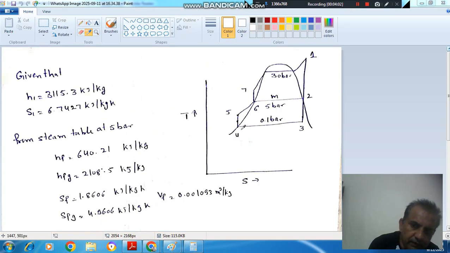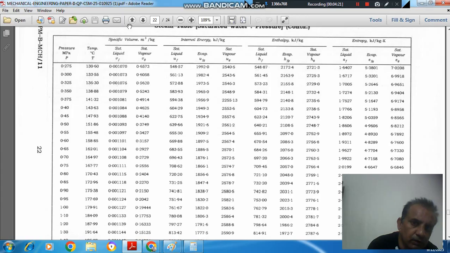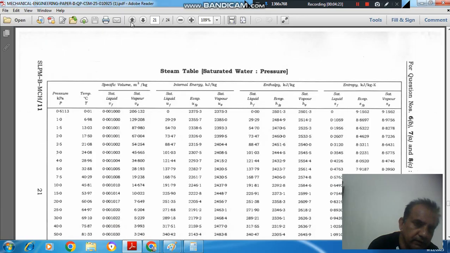Now we have another point, point 3, where entropy is equal to entropy at 1. Here the pressure is 0.1 bar, and at 0.1 bar we can see these properties from the steam table. Again the steam table is in kPa, so 10 kPa means 0.1 bar.